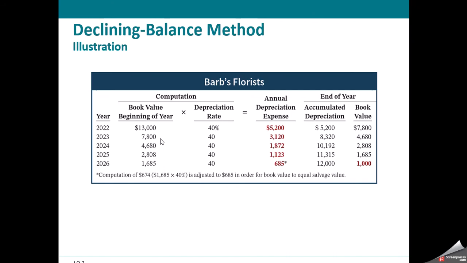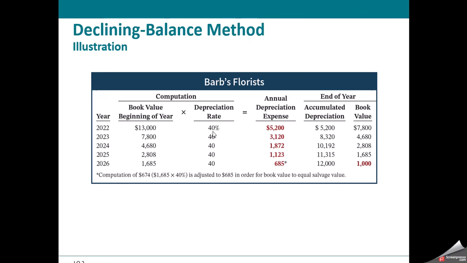Then year 2, our book value is going to be the 13,000 minus what we took in depreciation to come up with our beginning year book value. Multiply that by 40%. So in this particular method, this table is very useful.